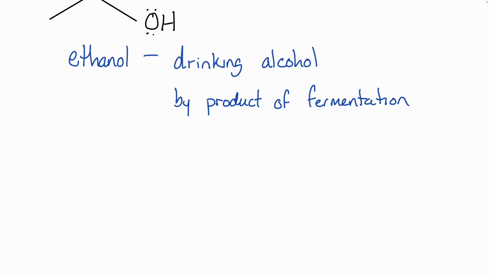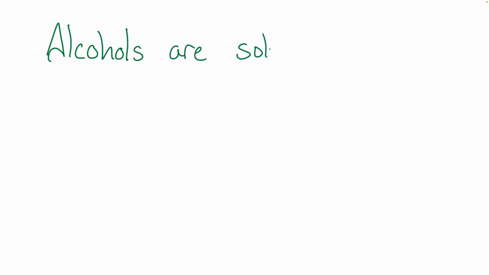In the lab, alcohols are typically used as good solvents. We can be a little bit more specific: they are considered to be the more polar solvents that we use in our lab.